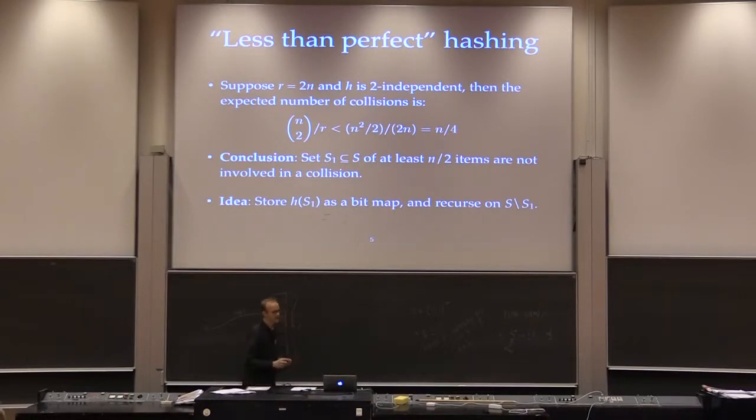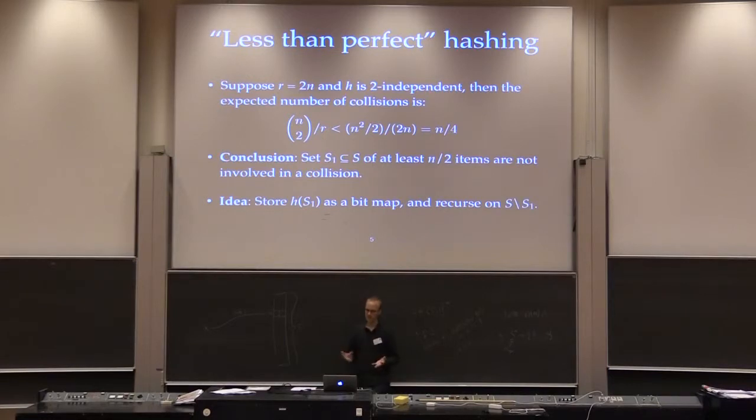We expect n over 4 collisions. Of course each collision involves two keys, so we expect at most n over 2 keys to be involved in a collision. Conversely, we expect at least n over 2 items that are not involved in a collision.